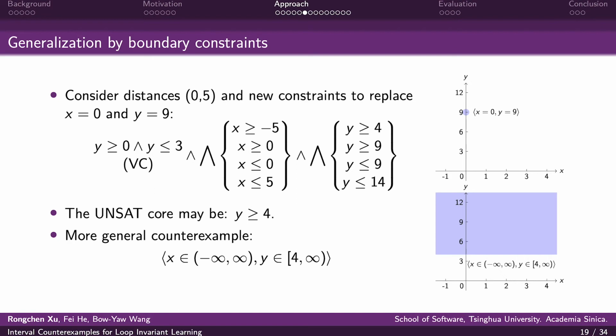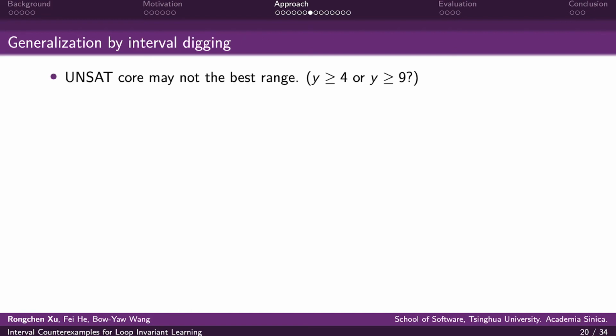In actual experiments, we found that the results of the unsat core are often not unique. In the situation just now, both the constraint y greater than or equal to 9 and the constraint y greater than or equal to 4 can be returned as the unsat core. Obviously, we prefer to get the latter one.